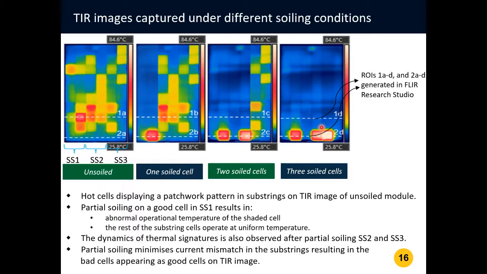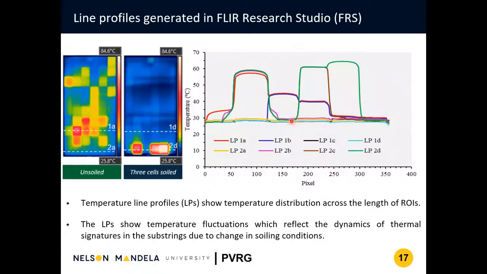Okay, so these graphs are indicating the dynamics of operational temperature of the regions with bad cells, that is region 1, and regions with good cells, that is region 2.